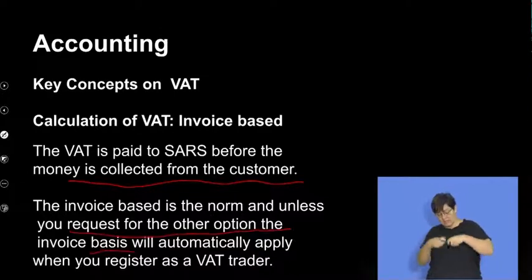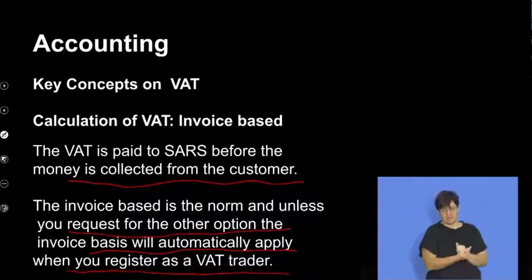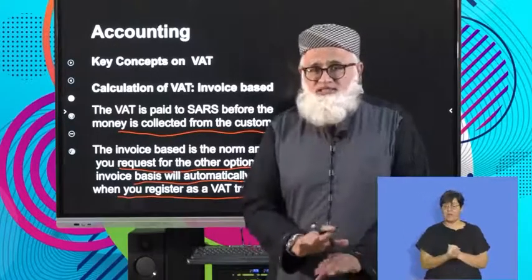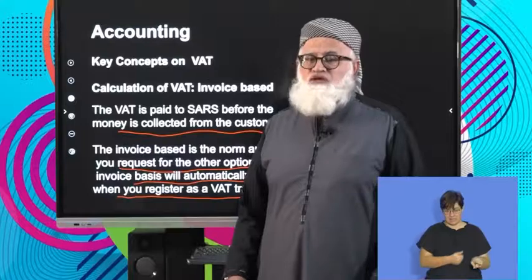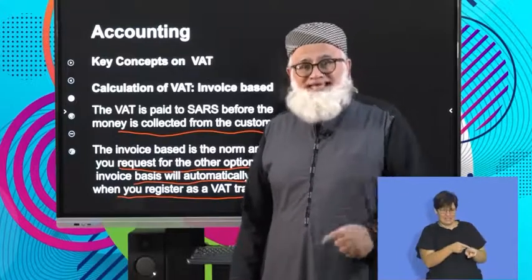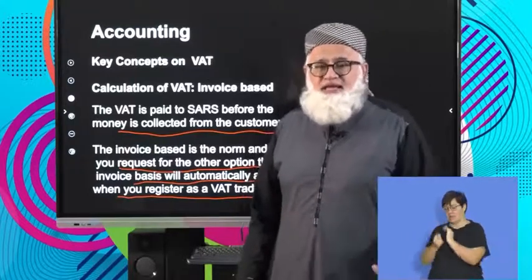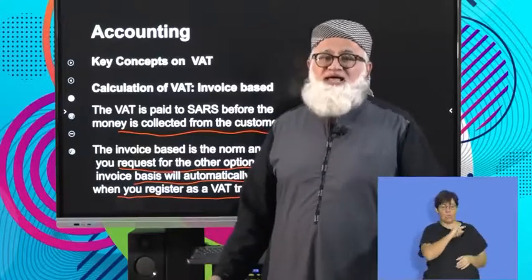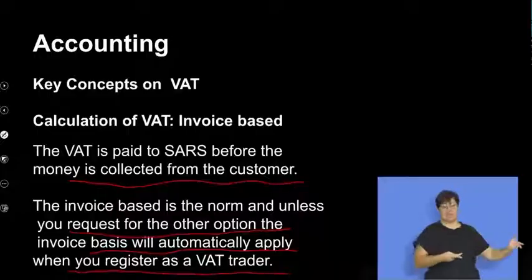The invoice basis will automatically apply when you register as a VAT vendor. Important. So if you register as a VAT vendor, immediately you know you are going to have to use the invoice basis. If you do not want to use the invoice basis, you have to apply in writing to SARS, explaining why and giving reasons why you want to opt for the receipt basis.